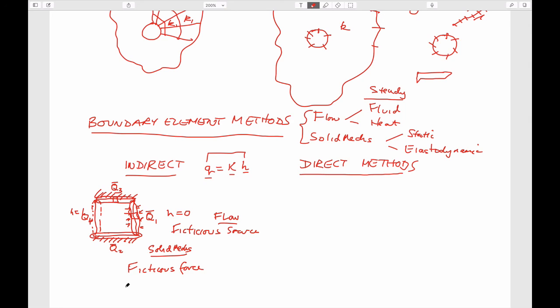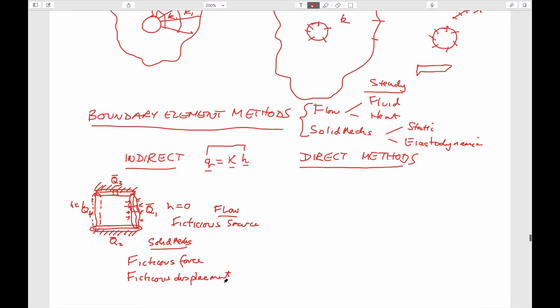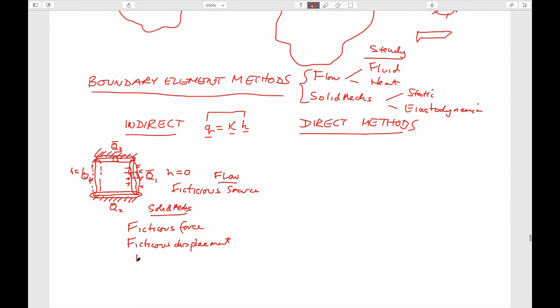And some would be called, just to keep it common with this terminology, fictitious displacement. Sometimes actually referred to as displacement discontinuity methods, or DD.